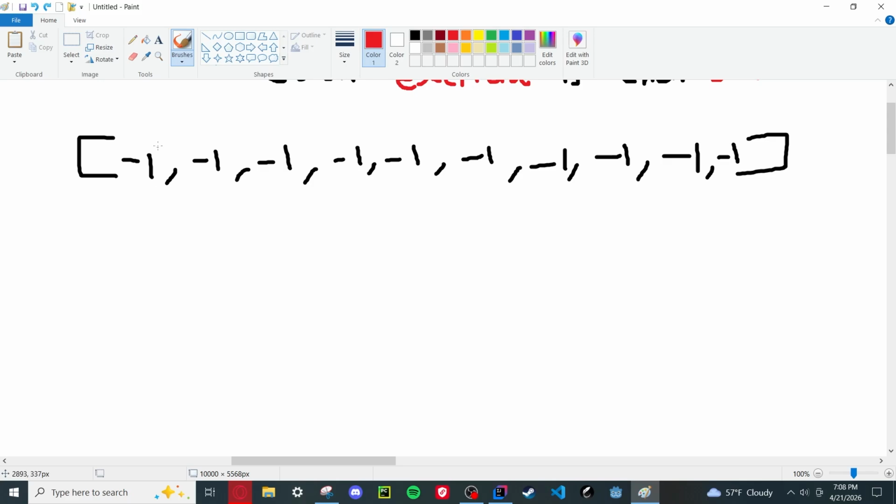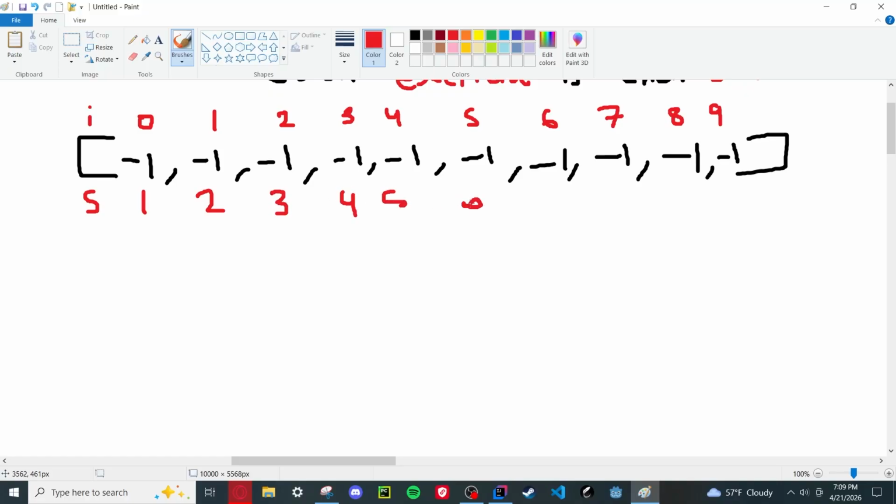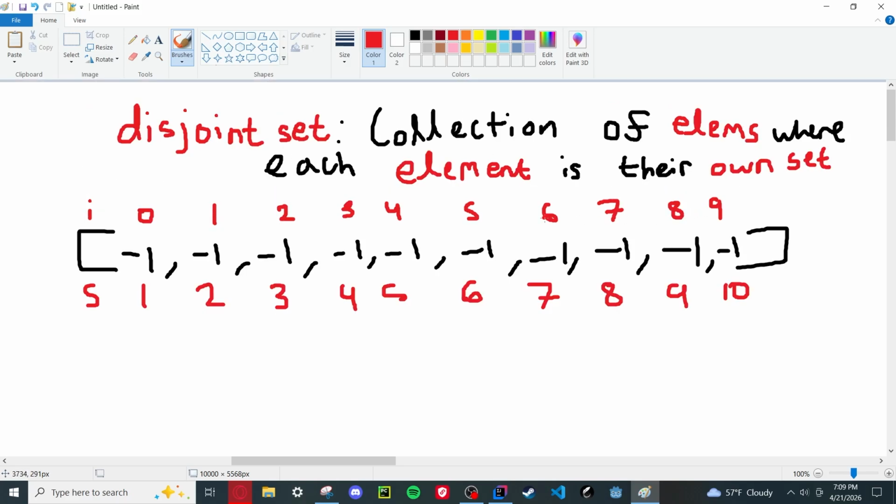Right, this is index 0. Next 1, next 2, next 3, next 4, next 5, next 6, next 7, this is index 8, this is index 9. And this will be set of 0, set of 1, set of 2, set of 3, set of 4, set of 5, set of 6, set of 7, set of 8, set of 9, and set of 10. So what does that mean?